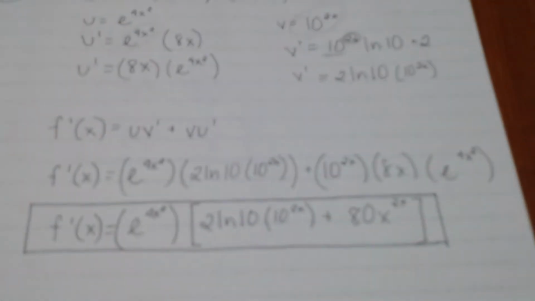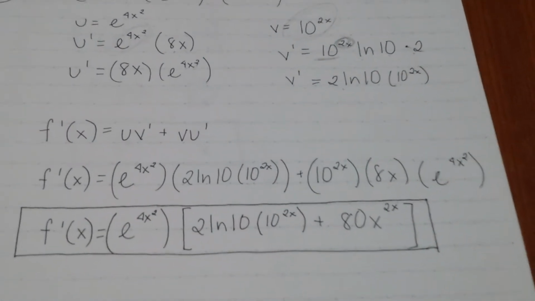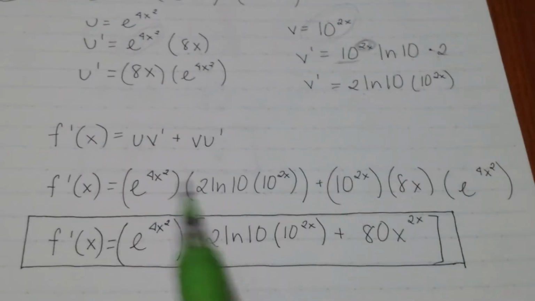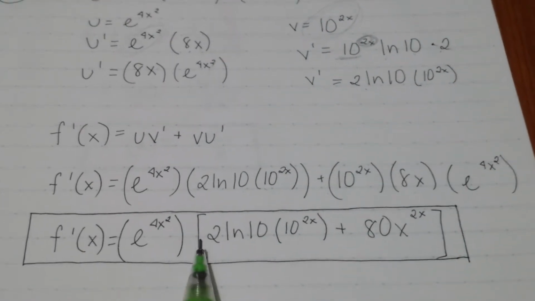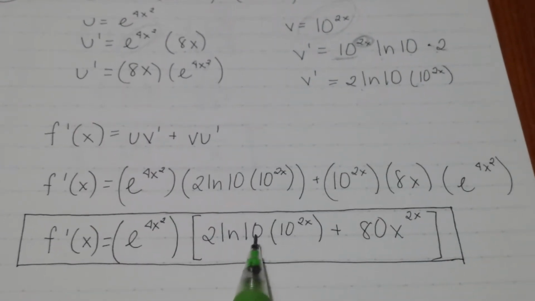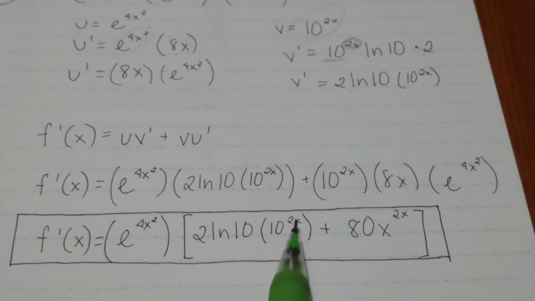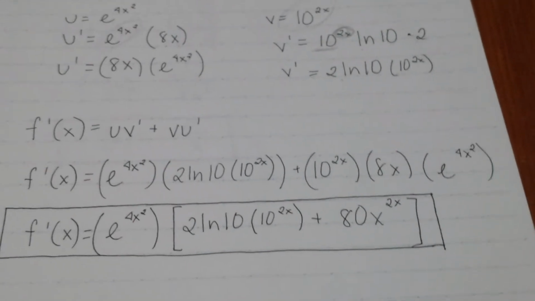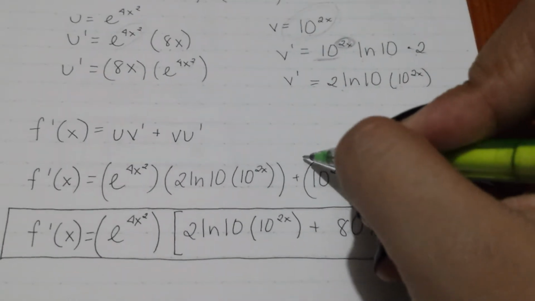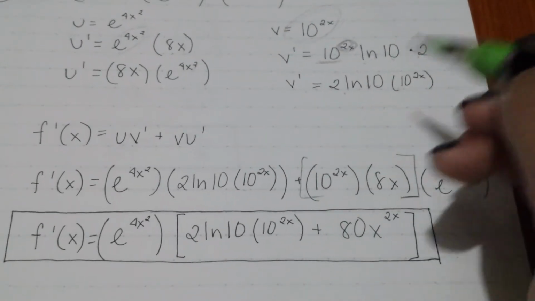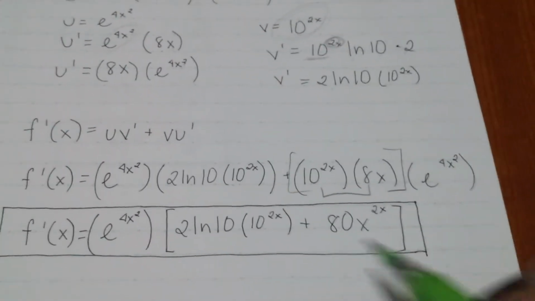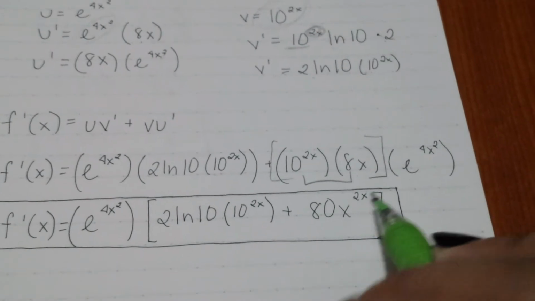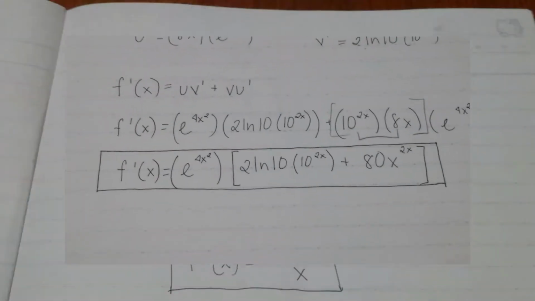So we'll have e raised to 4x squared, quantity 2 ln of 10, 10 raised to 2x, plus we have to multiply these two. So we'll have 8x times 10 raised to 2x. So that's the final answer.